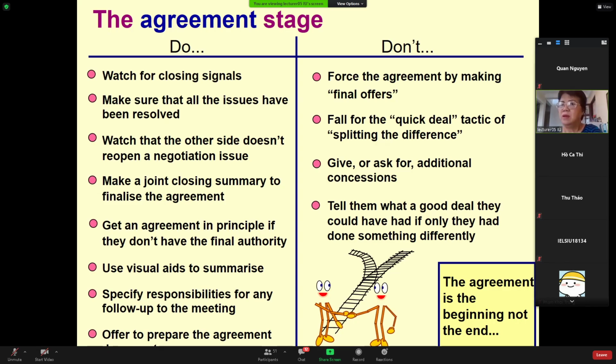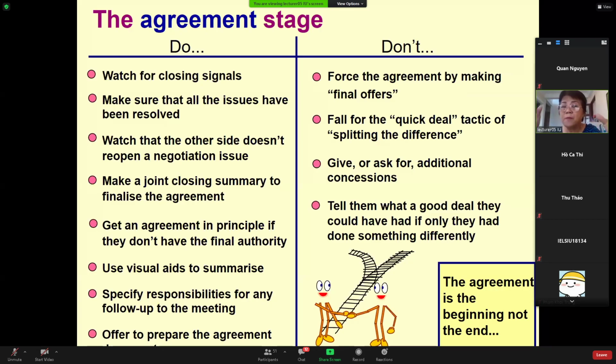So in the agreement stage of any negotiation meeting, this is what we should do and what we should not do. If the people who come to the negotiation are not the final decision maker, then it's important to keep notes and summarize what has been resolved so far.